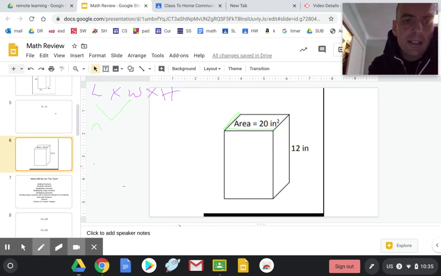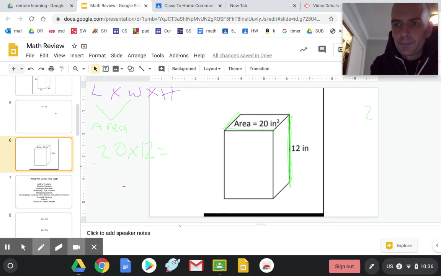So they tell us it's 20. So it's actually an easier problem. If we already know the area, we already knew the length and the width. They just told us what it equals. So all we have to do is add that third dimension. We just add this third dimension here, so it's 20 times 12.